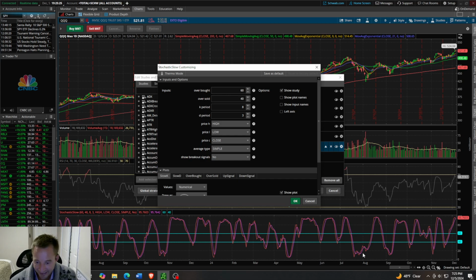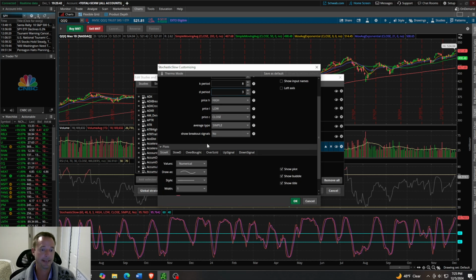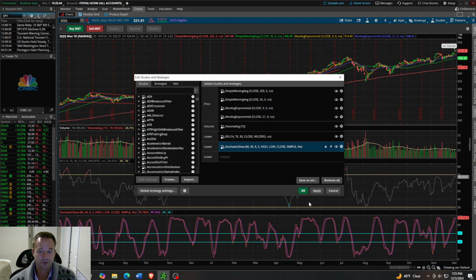So I like it around 20. I would really like to move this to 20, but that's okay. It doesn't matter to me. Again, it's just a line. It means nothing. And then he has the K period at 8, the D period at 3. And so far so good with this indicator.